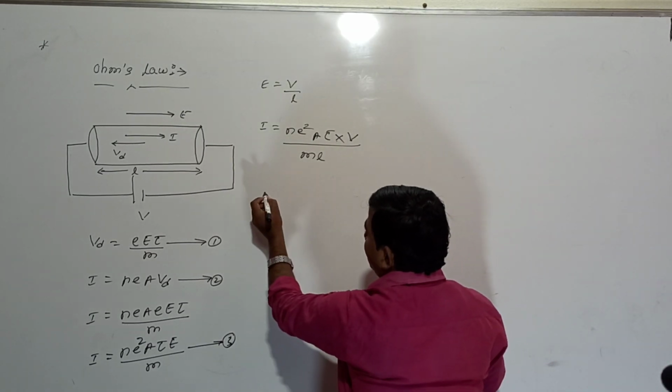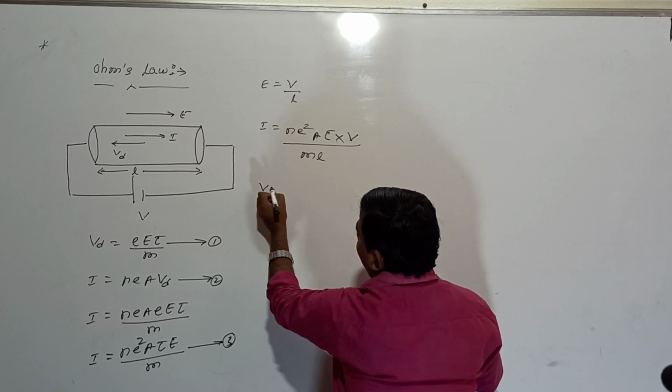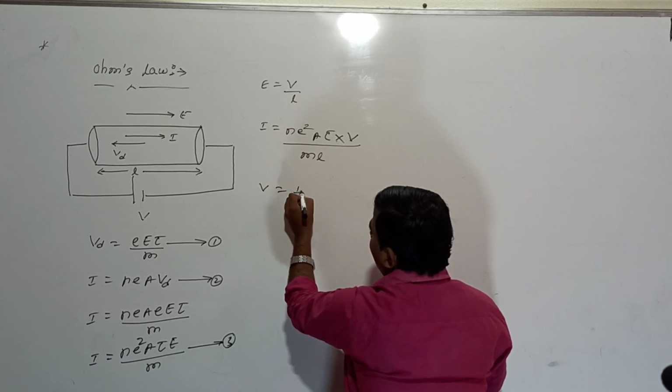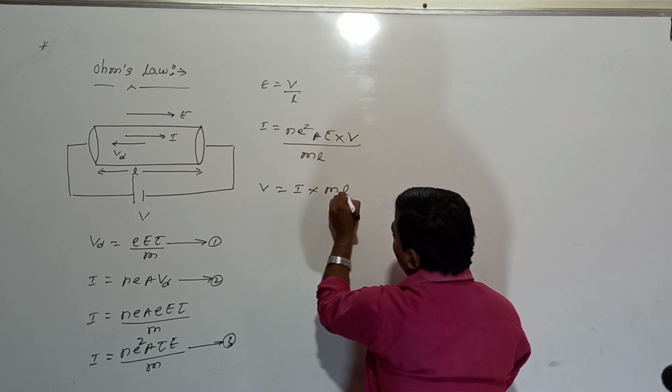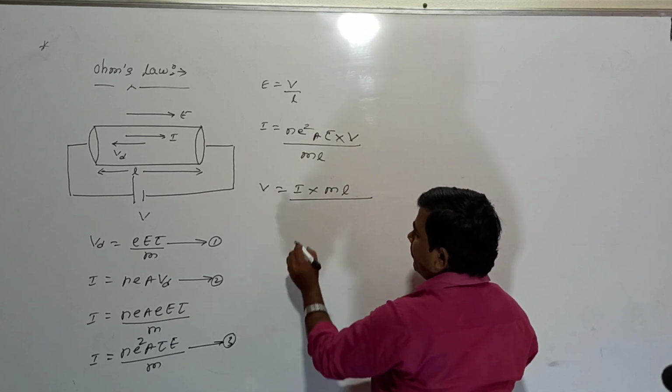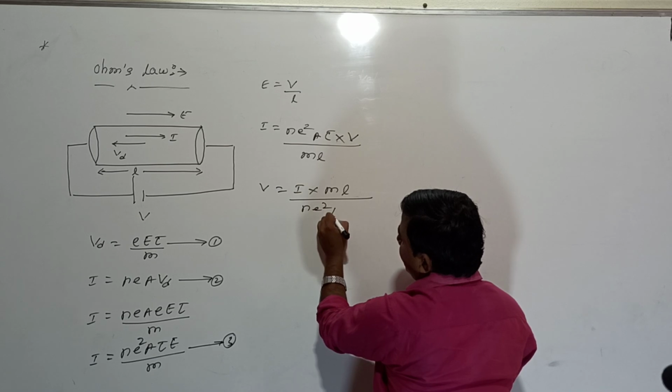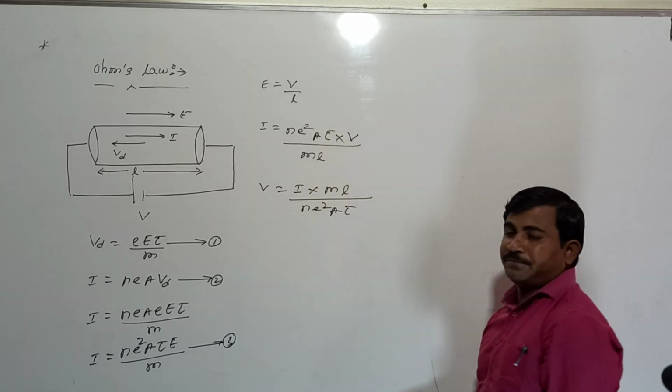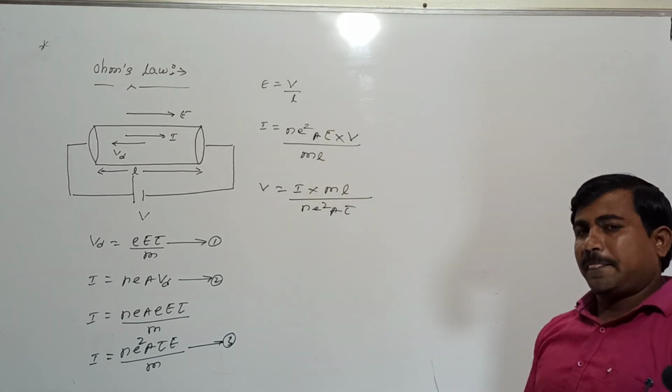Again this equation can be written like this. How to modify it? See here, V equal to I into mL whole divided by n e square A tau.